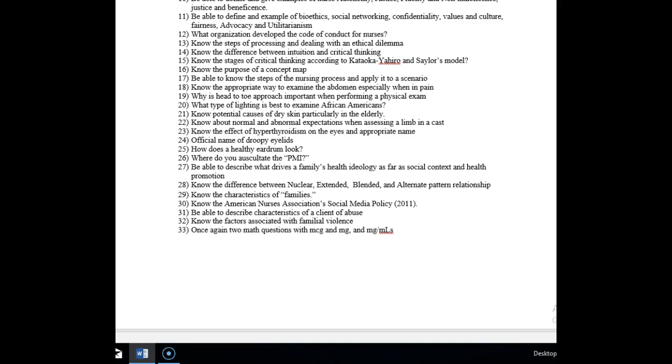Knowing the characteristics of families. We talked about that in lecture. If you look on the page, there's a lot of characteristics, and I'm just going to talk about what it is. Remember we were talking about family as context, family as patient, and family as a system. Remember I was telling you about that.